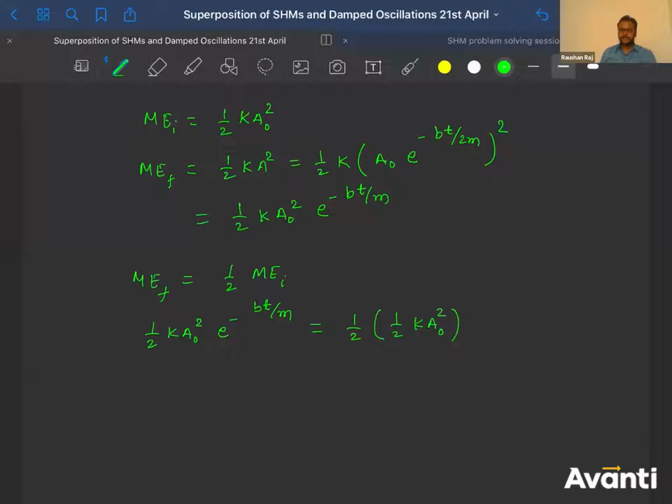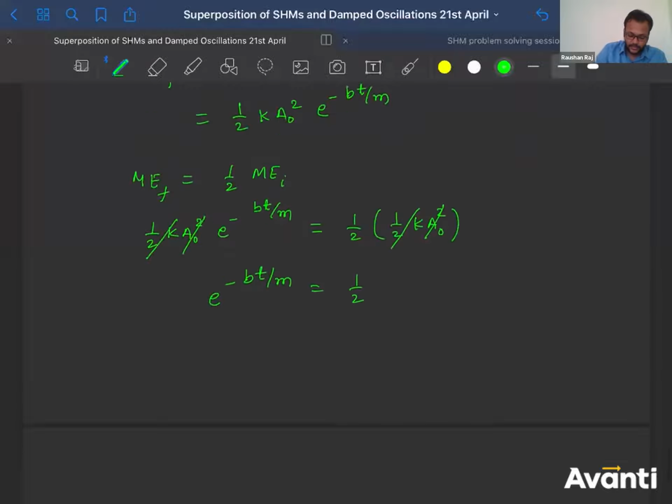So this is what the question suggests. This half K is going to get cancelled, A naught square will get cancelled. So I'll be getting e to the power minus bt by m is equal to half. If I take the log, I'll be getting bt by m is equal to ln 2, correct? So from here I'll get t is equal to m into ln 2 divided by b.